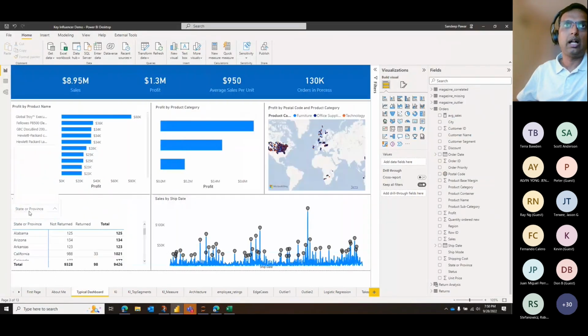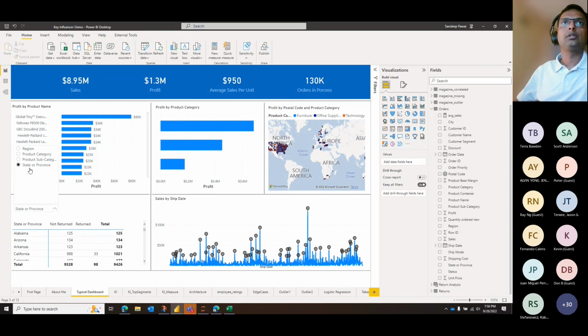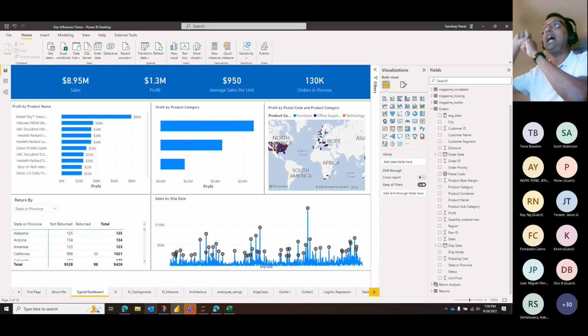When I went here, I looked at one single thing at a time. But if we were to build a hierarchy of region and then state and then the city and the product category and the product, and create a matrix with all these different subcategories and then sort it, we will likely see that maybe one of those segments has a higher percentage return compared to everything else.